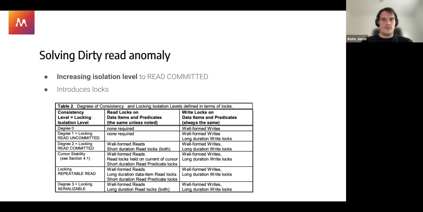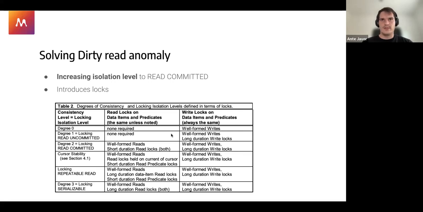So how can you solve the dirty read anomaly? Well, by increasing the isolation level to something better suited. For example, read committed. Hence the name read committed, because you're reading just the committed transactions. But that type of isolation level essentially introduces some locking mechanism. If you look at this table from the paper, degree 0, which is a non-blocking type, doesn't need read locks.